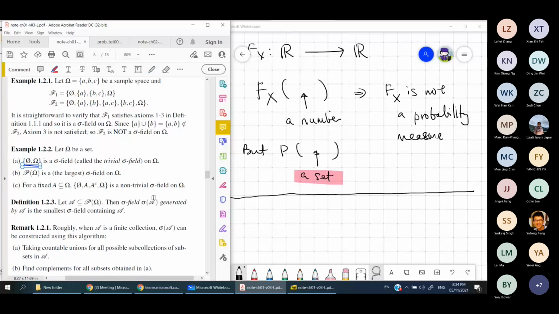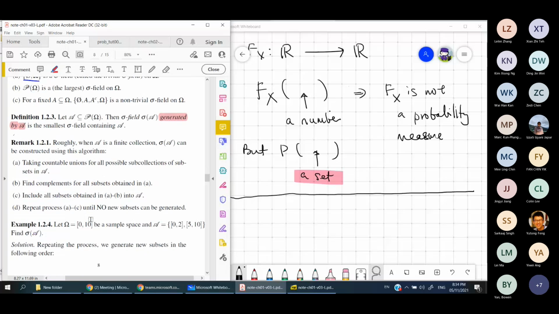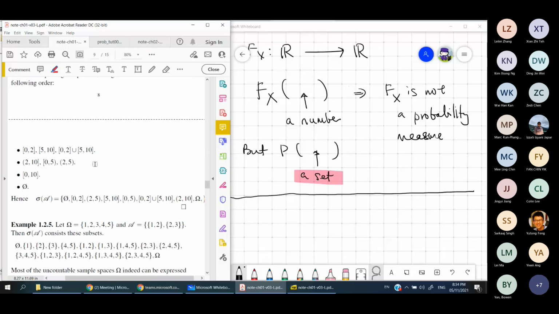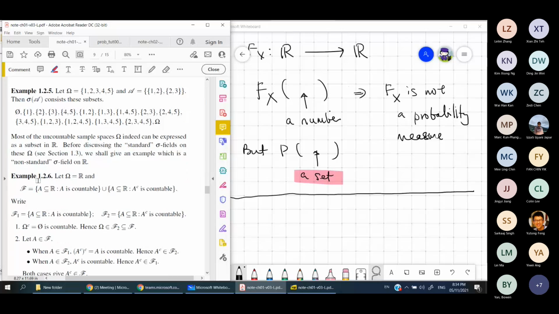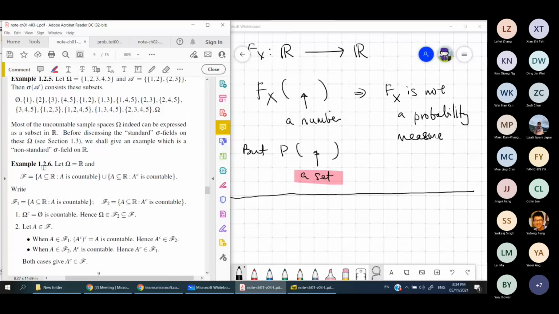We also discussed this, a sigma field generated by a class. I think we have discussed all this already. We also discussed this very, we call it a toy example.